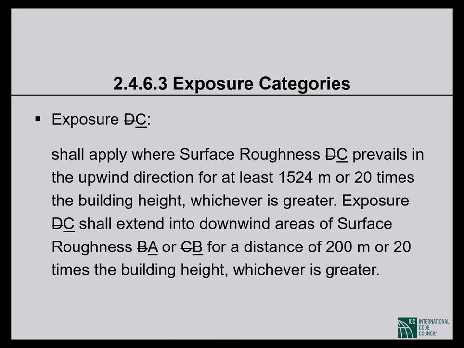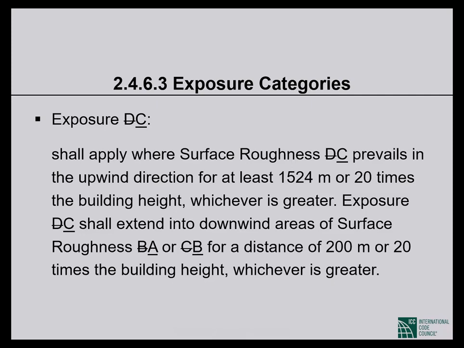Exposure C shall extend into downwind areas of surface roughness A or B for a distance of 200 meters or 20 times the building height, which is greater. This is something important. So first we say exposure C shall apply where surface roughness C prevails in the upwind direction for at least 1524 meters or 20 times the building height.